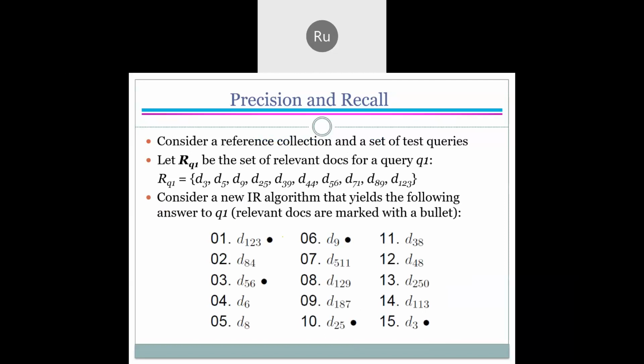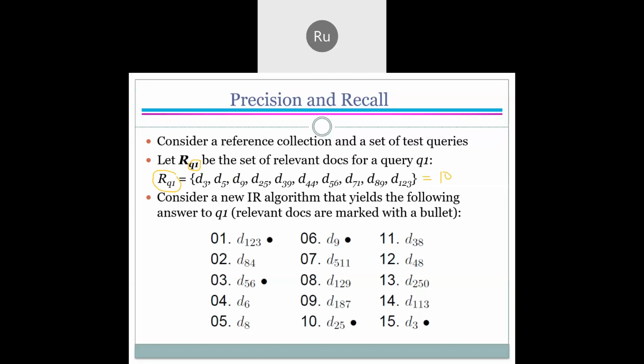Given this reference collection and a set of test queries, we are looking at query 1, and this indicates the relevant documents with respect to query 1. We have 10 documents which are considered relevant to query 1. This is given.